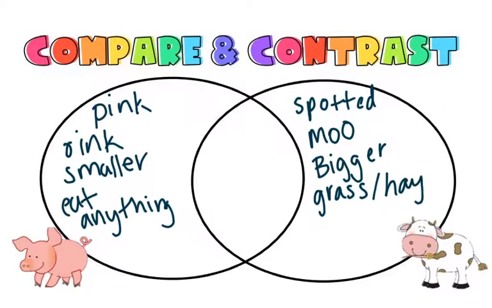You could add on to that if you wanted to. What's similar, you can both find them on a farm, and they usually live outside. Okay, so we've compared and contrasted two different things.